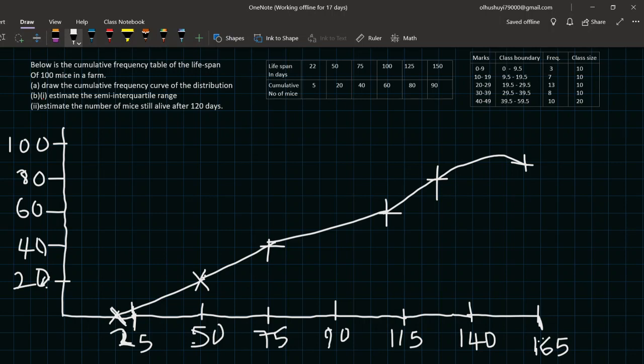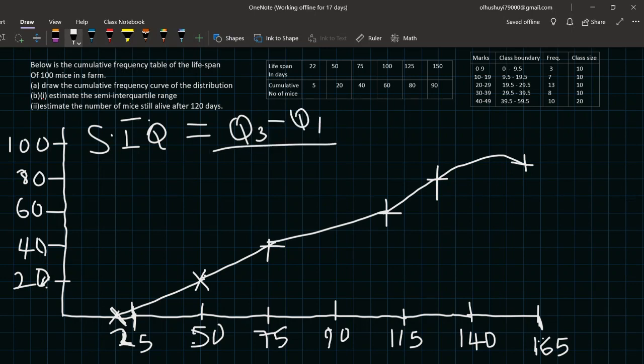Now, the next question is: estimate the semi-interquartile range. Don't forget I mentioned that the semi-interquartile range is Q3 minus Q1 over 2.